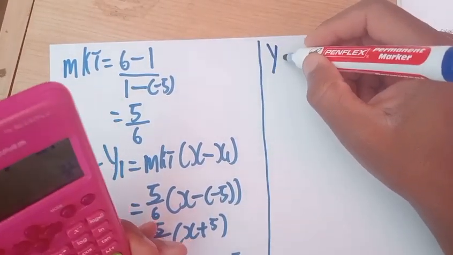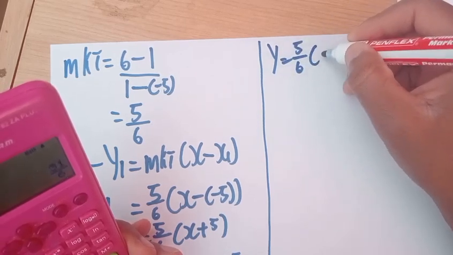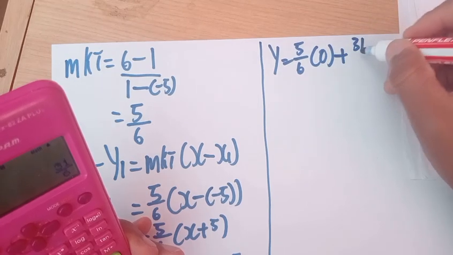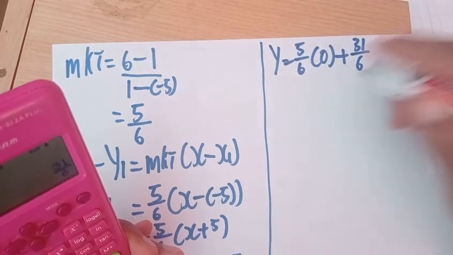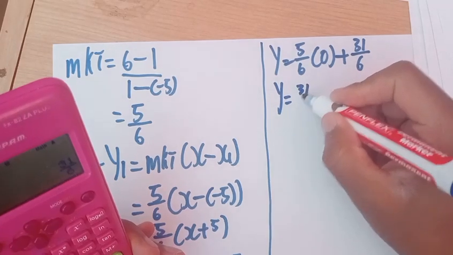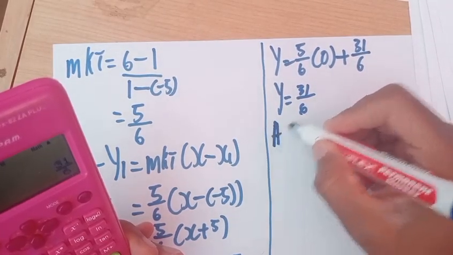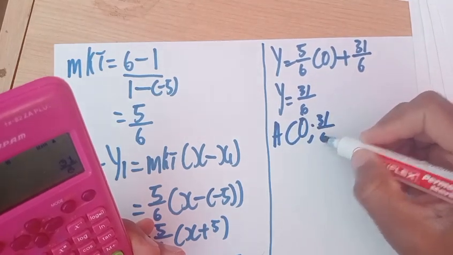Y is equal to 5 over 6 times 0 plus 31 over 6. Then your y is 31 over 6. And then coordinate A is 0 and 31 over 6.